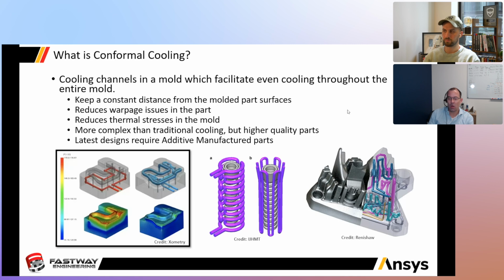We don't want one side of the part to be really hot, one side of the part to be really cold, because what's going to happen is as it cools, one part's going to cool more than the other, and all of a sudden we've got warpage. And that's as a result of the coefficient of thermal expansion of the particular part. So we're talking about reducing warpage. We're also talking about designing a mold that's reliable.